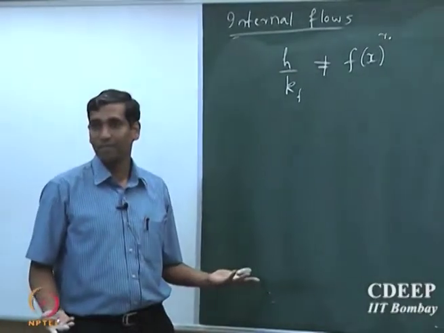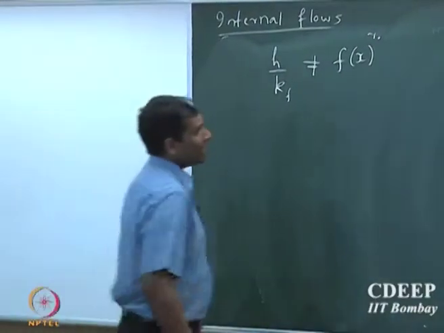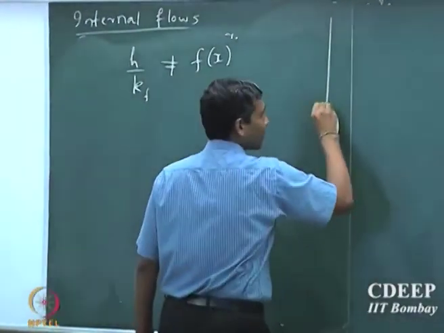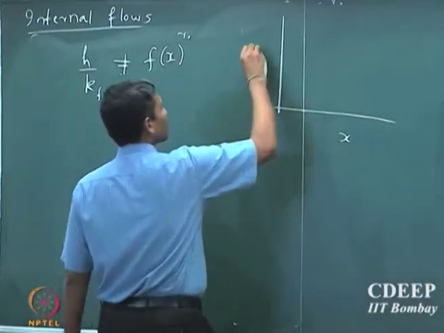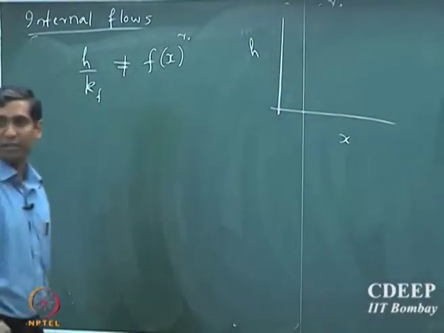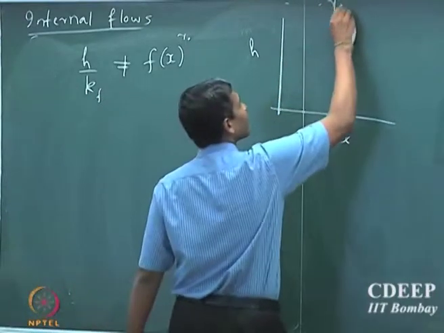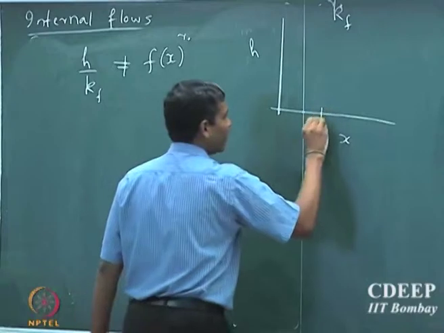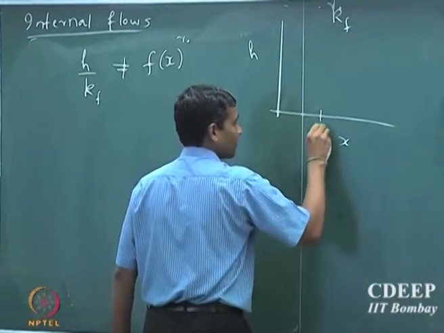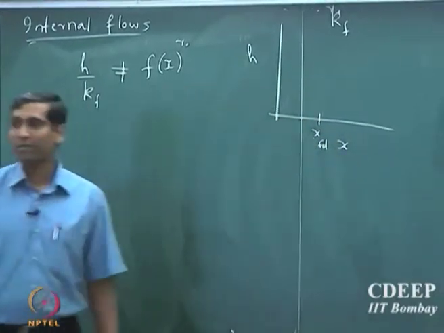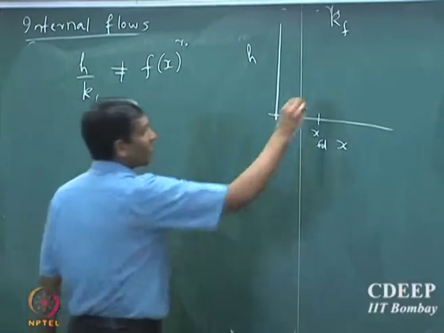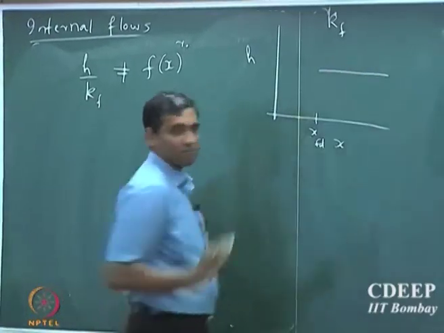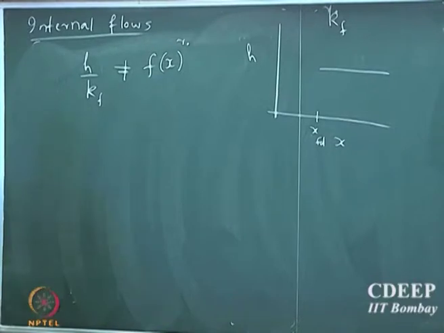Now as a result, if I draw a plot of x versus the heat transport coefficient for a fixed kf, okay, supposing this is my fully developed regime that starts at that location, so the heat transport coefficient is constant, it is not a function of the axial position.